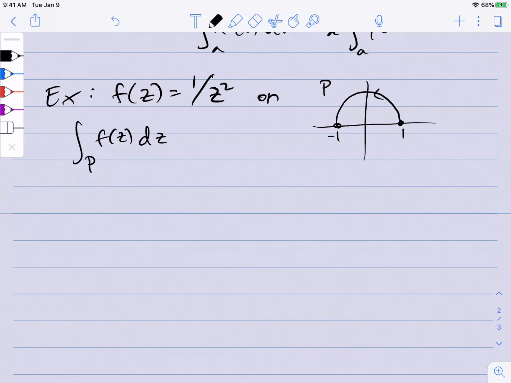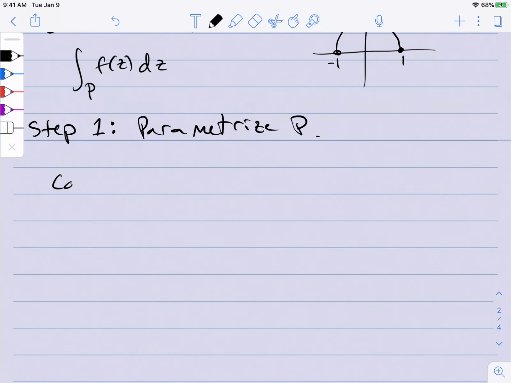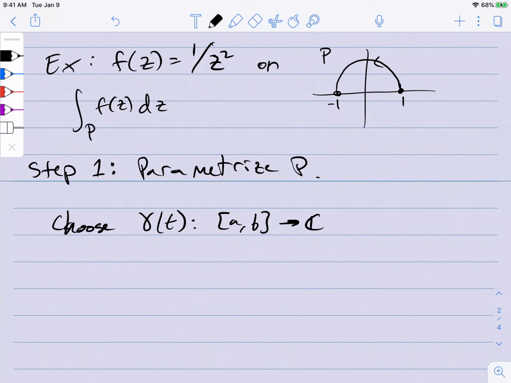So the first step is to get some control over this path, which means we need to find a parameterization. So I choose a function gamma of t from some interval to C. I need its image to be this semicircle, and I need it to start at 1 and go to -1.